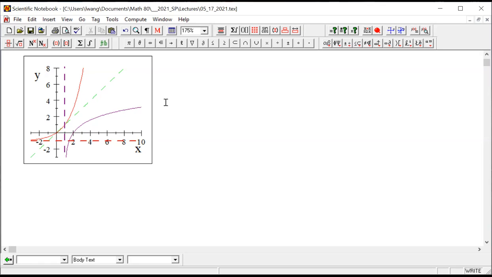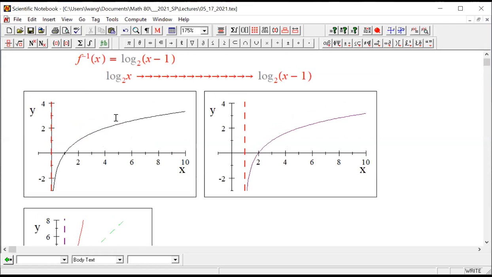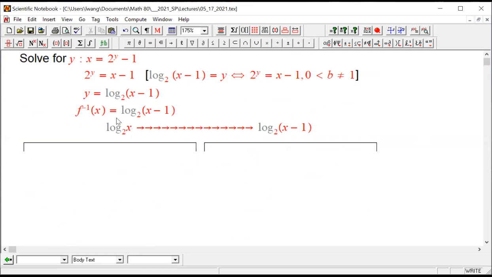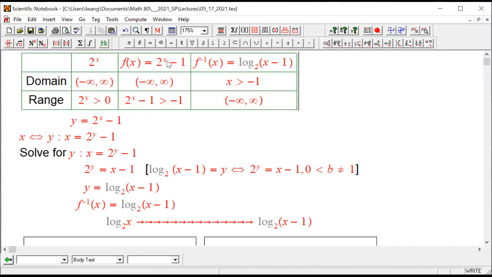2 to the power x minus 1, right? And its inverse, log base 2 x minus 1, domain and range all satisfied.